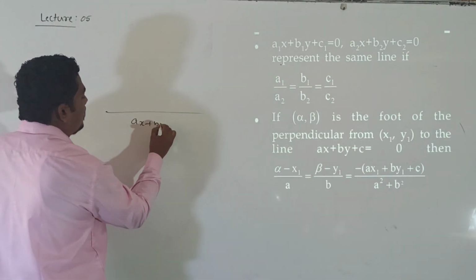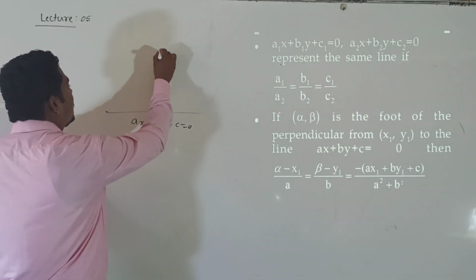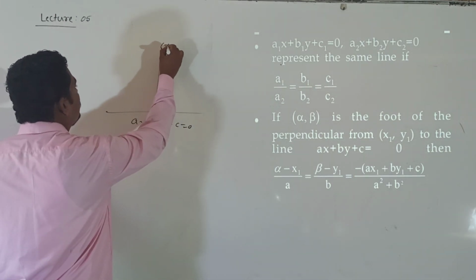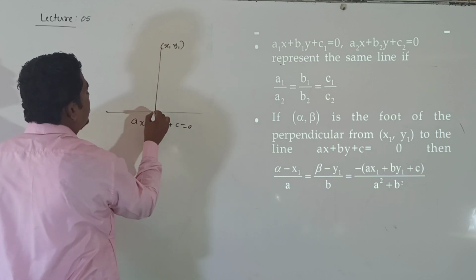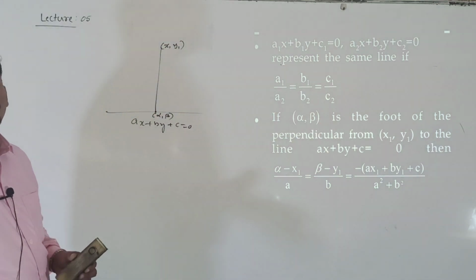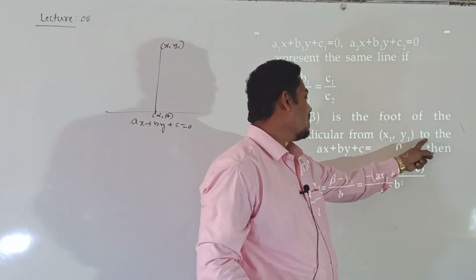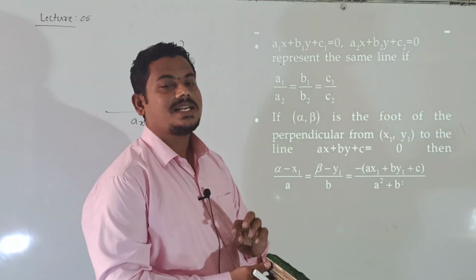Ax plus by plus c equal to 0. Foot of the perpendicular drawn from the point x1, y1. Suppose it is alpha, beta. Alpha, beta is the foot of the perpendicular drawn from the point x1, y1 to this line. Then what is the condition?